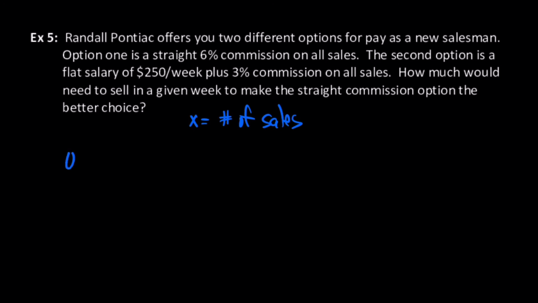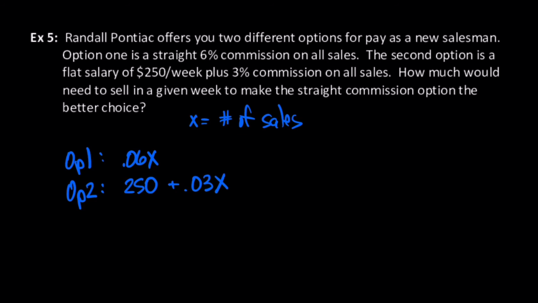And option 1, straight commission, 6% on all sales. So that's 0.06x. All right, the second option is a flat salary. So option 2, $250 per week. So no matter what, you get $250 plus 3% commission on all sales.